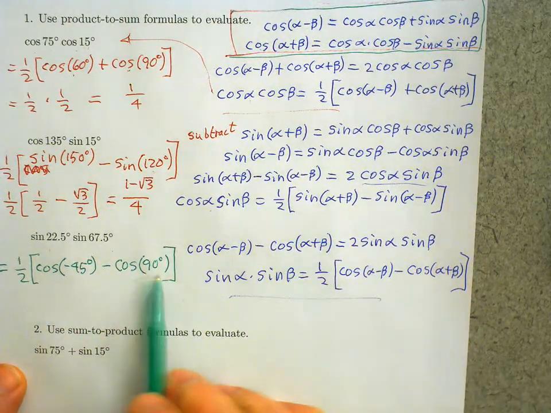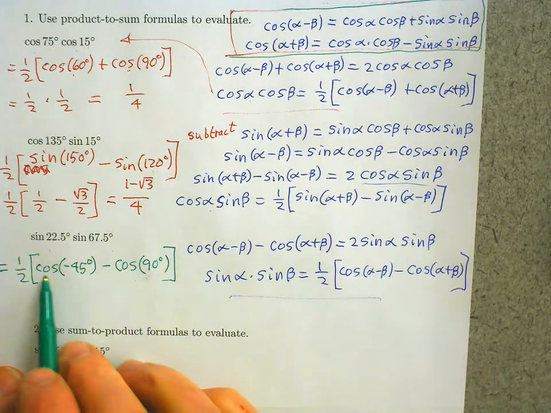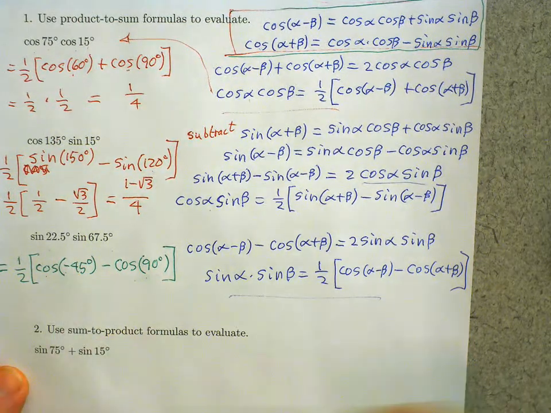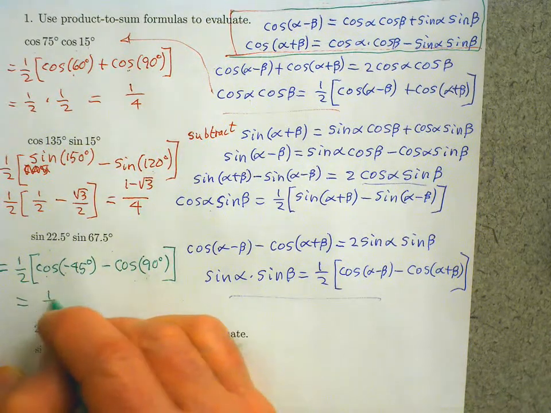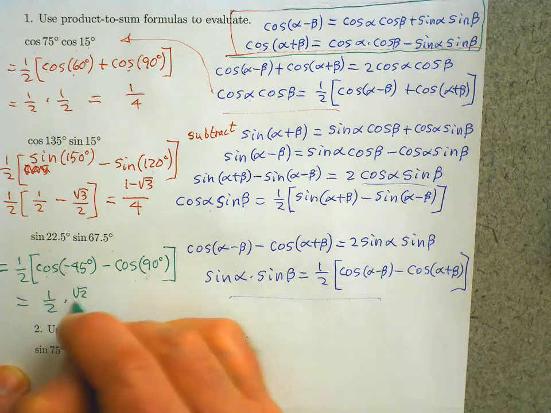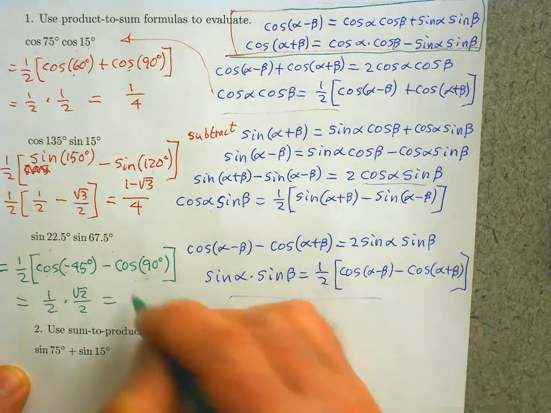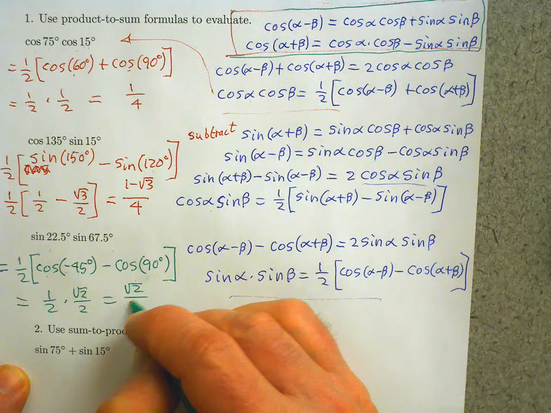So cosine of 90 is 0. Cosine of negative 45 degrees is the same as cosine of 45 degrees. So this is 1/2 times the square root of 2 over 2, or the square root of 2 over 4.